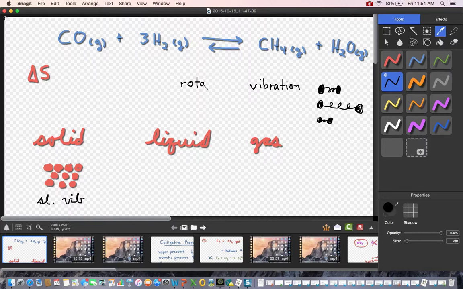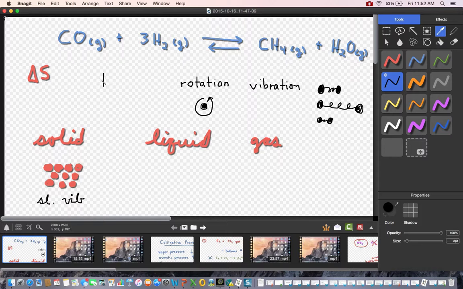This is when an atom or molecule can rotate about its axis. In other words, you might observe atomic spinning, clockwise or counterclockwise. There's no rotation observed in the solid phase.